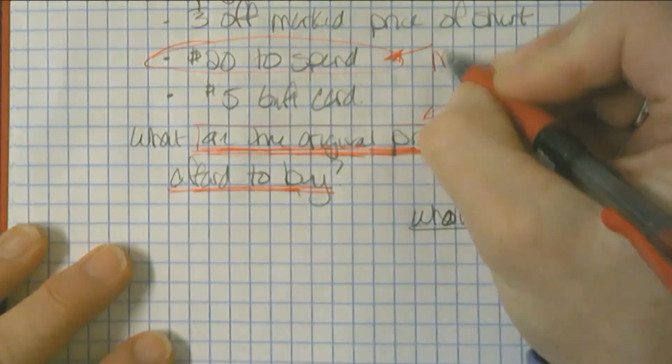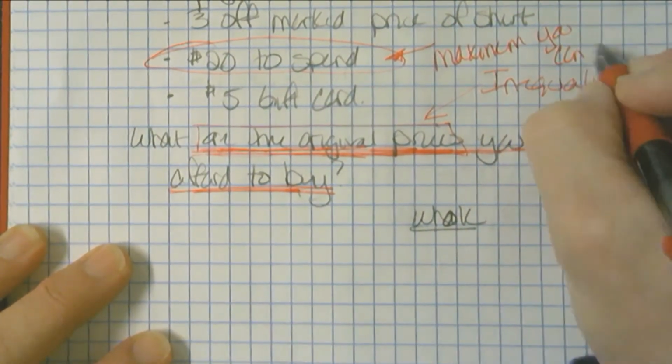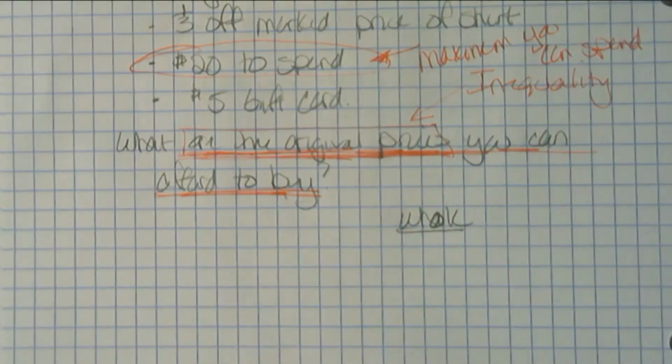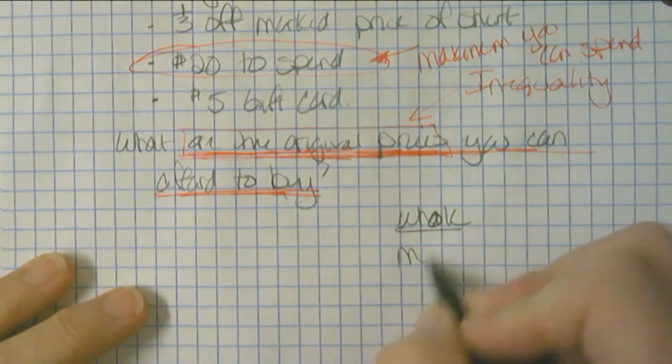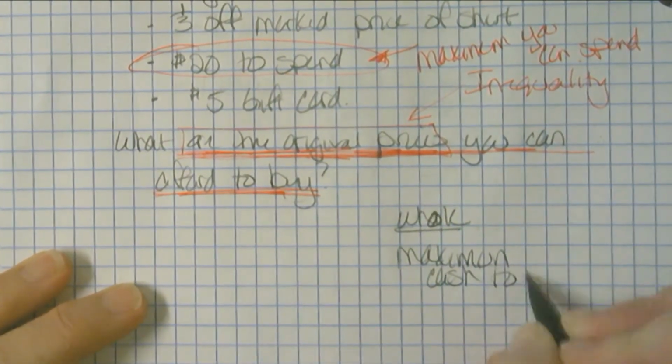That is the maximum you can spend. So your mom says, oh, but I have a gift card you could use too. That's not part of your whole. That gift card is part of our parts. So the maximum cash to spend.